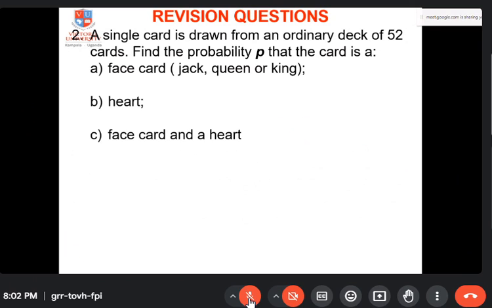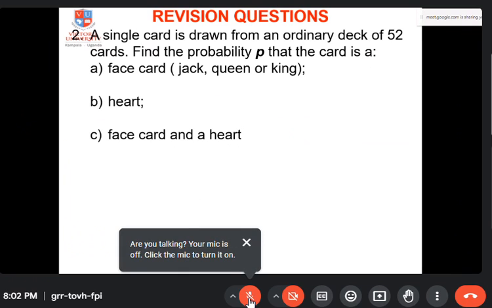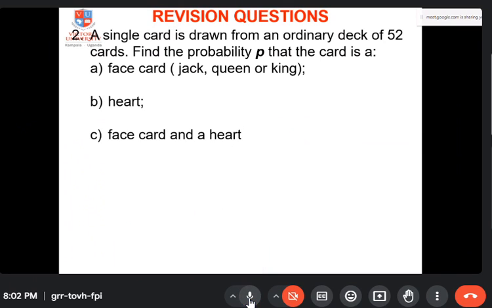What is the probability of getting a face card and a heart? Face card and a heart, that means what? So how many face cards are hearts?